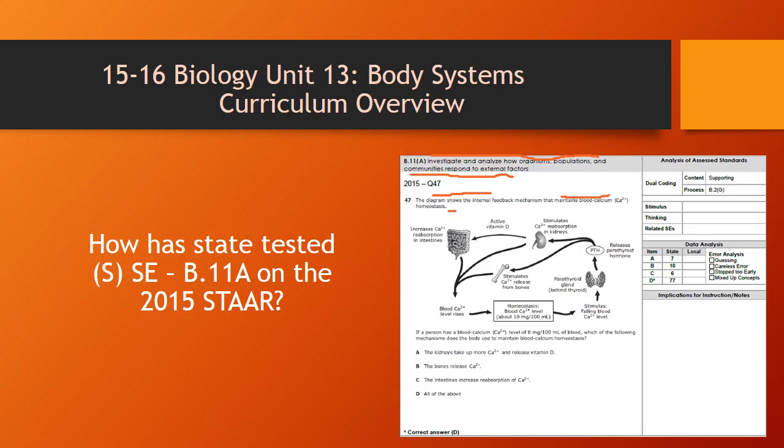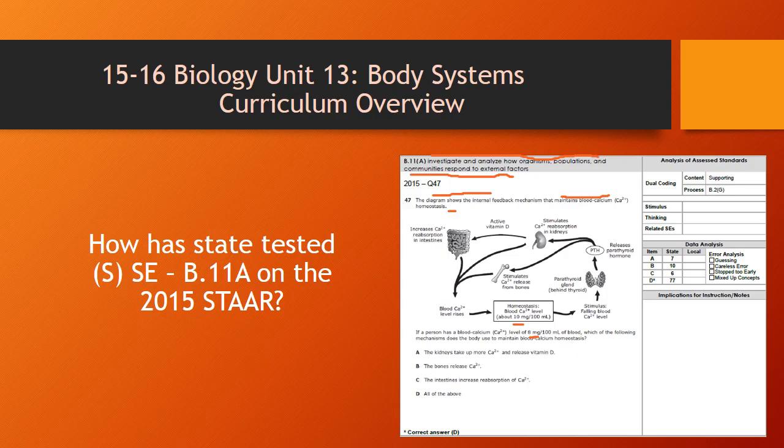And as you go through and read the question, it states here that homeostasis is when the blood calcium level is at 10 milligrams, okay? Well, in the question it says that the blood level is at 8 milligrams, which means it's below the homeostatic level. And so what is going to happen in order to get the body to maintain homeostasis and get back to a level of 10 milligrams?